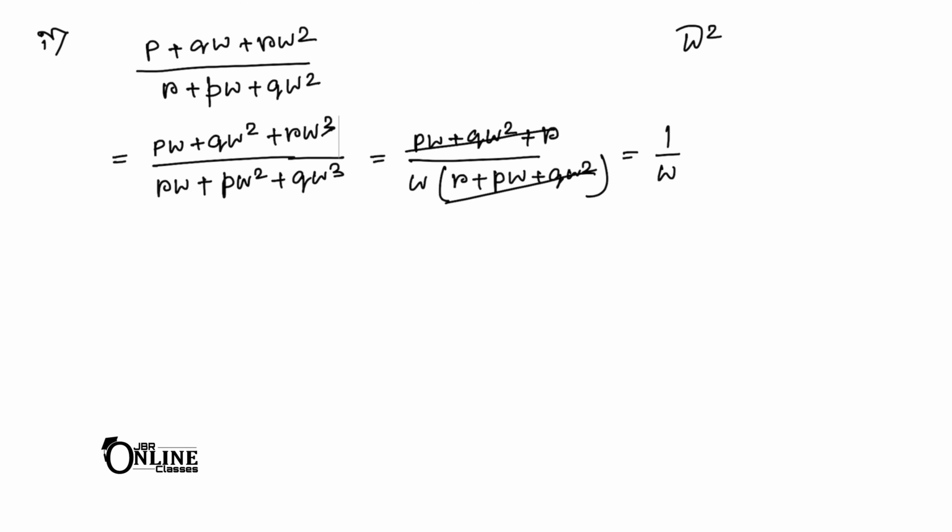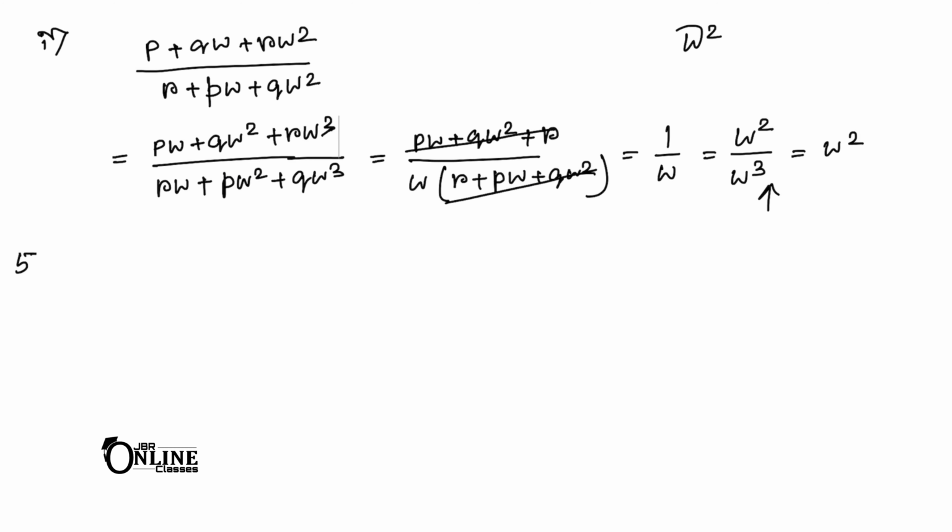Now as here 1 by omega, if you multiply this by omega square up and down, it will be omega square, and here omega cube, so that equals omega square, because omega cube equals 1. So in this place you have to multiply omega square with up and down both.